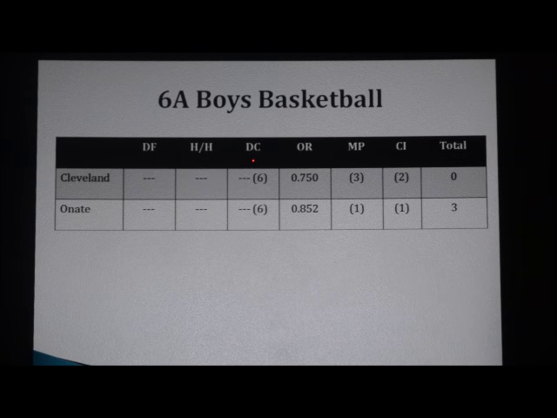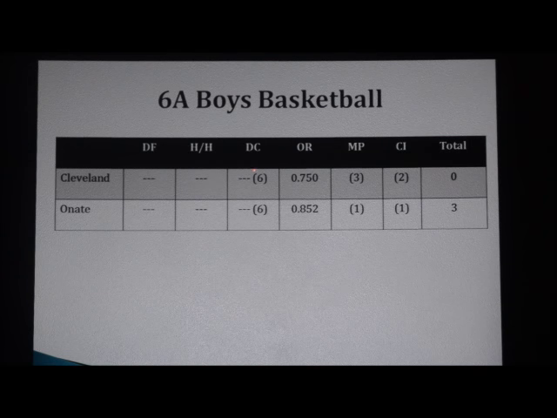Wins against district champions. Now, when I say wins against district champions, it does not matter the class. So we go back, and if Cleveland played a 5A district champion and beat them, then we do count that. If Oñate beat a district champion out of El Paso, we do also count that. So we do count wins of district champions, not only in New Mexico.